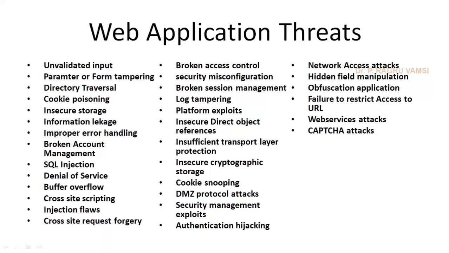Platform exploits will especially be observed by observing the vulnerabilities on related operating systems on which the web servers are launched. Insecure direct object reference. Insufficient transport layer protection, that means use of outdated TLS or SSL protocols.